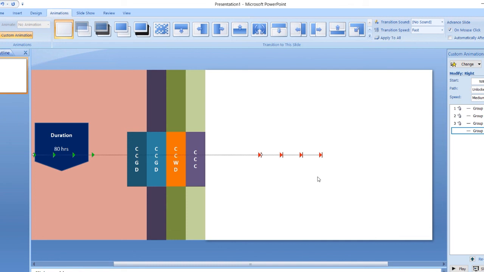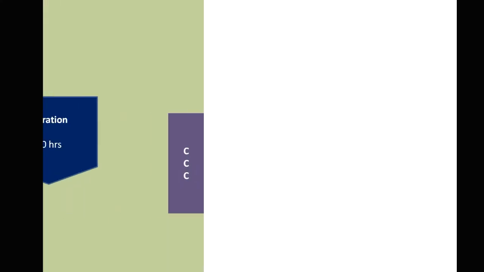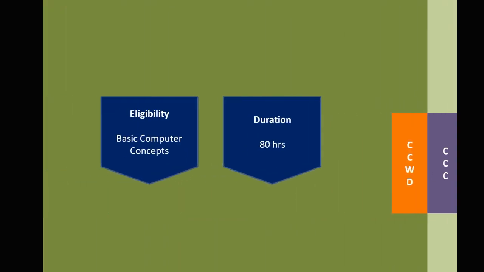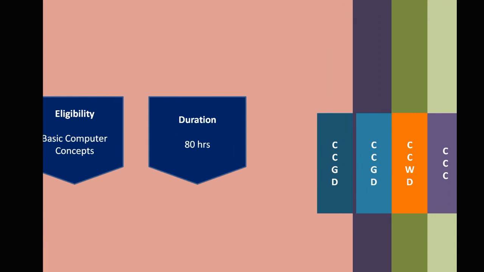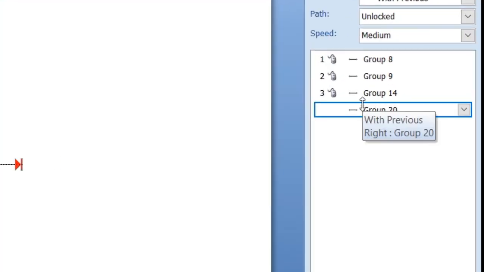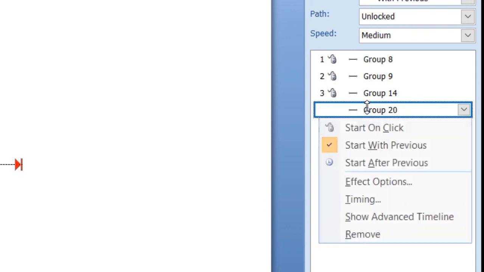Okay, let's press F5 to check our animation. You've seen that the third and fourth come together, which means in our custom animation part, these and these are together. So I'm going to change that. Right click and it should be on start on click. So this is how it will look.